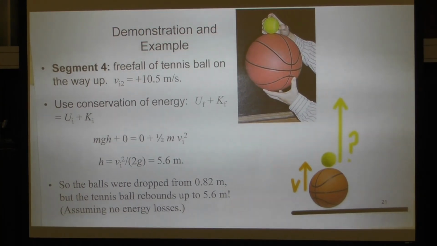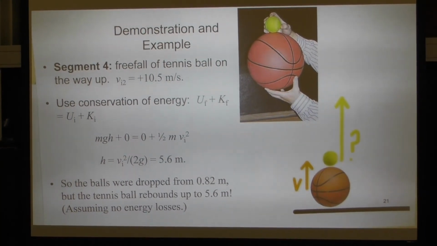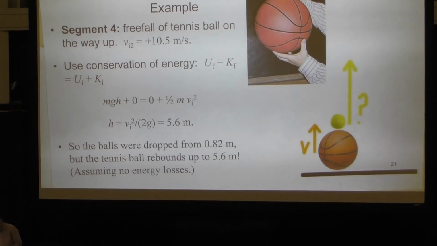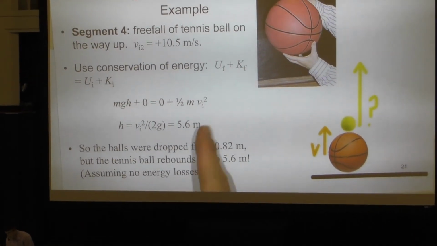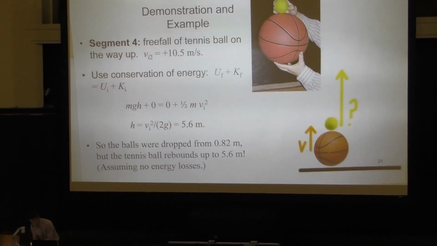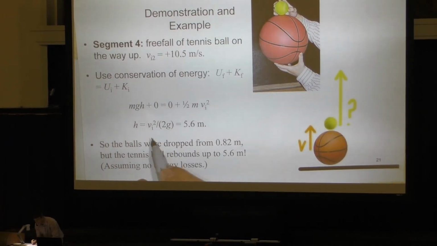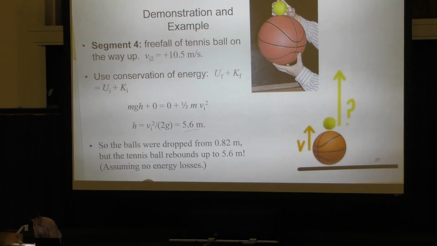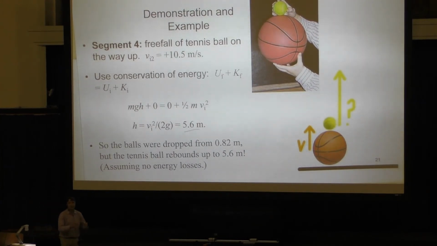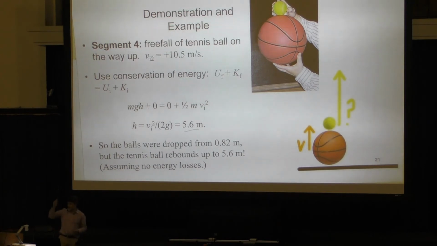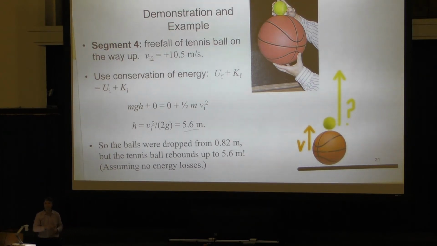It starts with the initial now is 10.5, and then you use conservation of energy, and gh plus, I guess, final is that it stops at the top of its height, and I ended up with 5.6. So you drop the balls, both the balls together from 0.82, and the tennis ball ends up 5.6 meters above, so that's why it flies up really high.